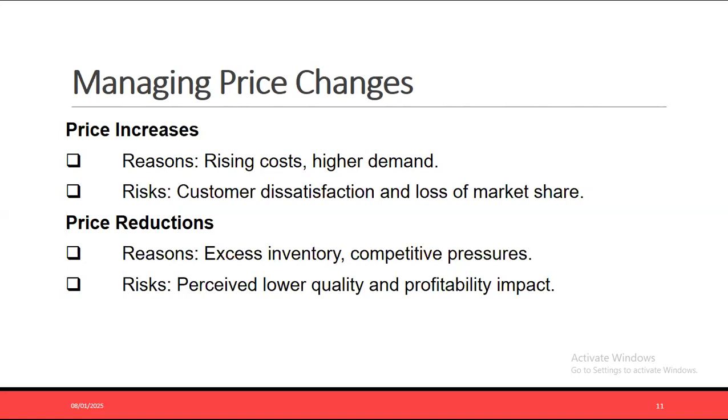On the other hand, if prices reduce, it could be because you have a lot of products in stock, or your competitors are pressurizing you to reduce your costs.